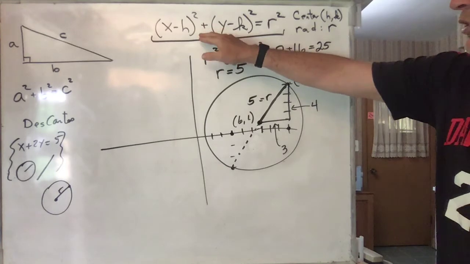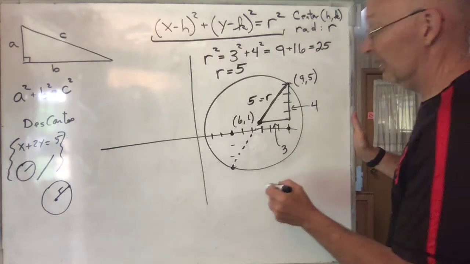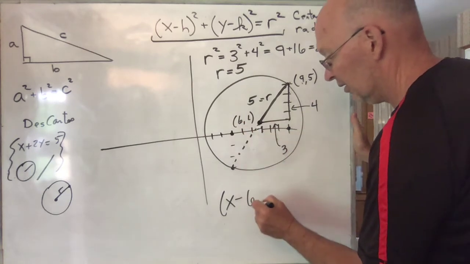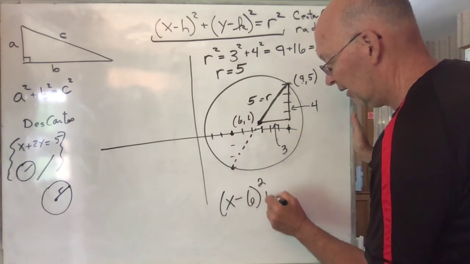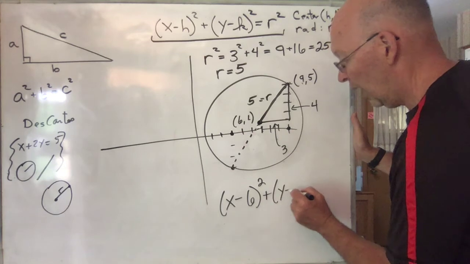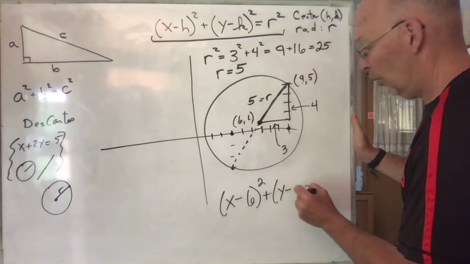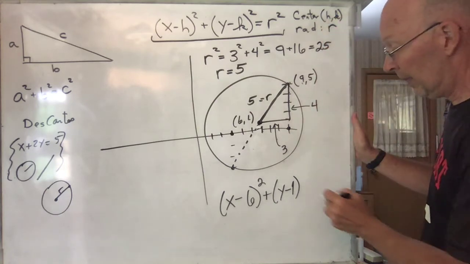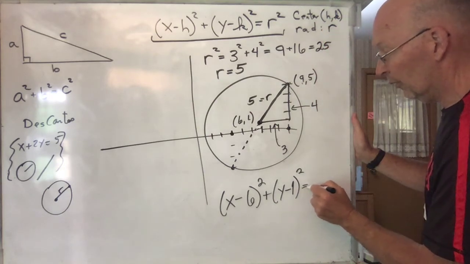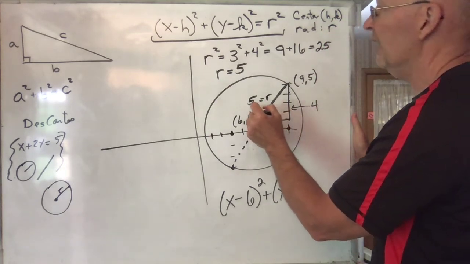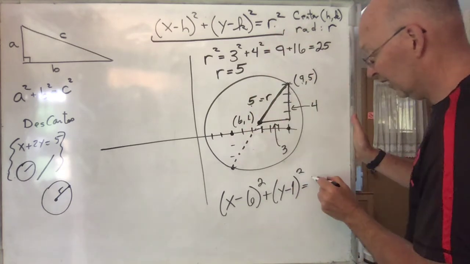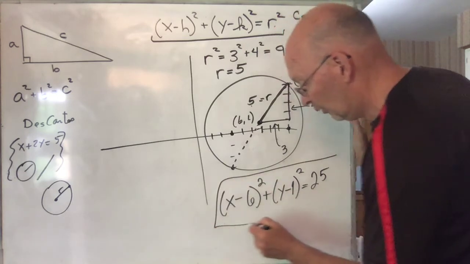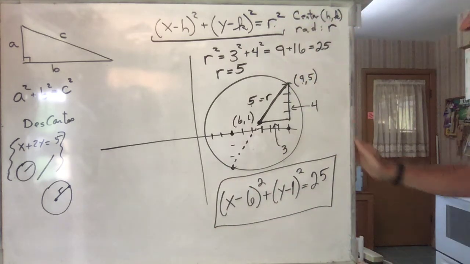Now we can use this to get the equation of the circle. (x - 6) squared plus (y - 1) squared, there's your center, h and k, is equal to the radius squared. The radius is 5, so if you square the radius, you get 25. So there is the equation of that circle.